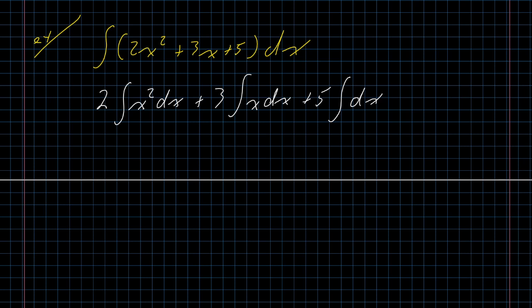Now we use the power rule. To get to x squared, m is 2, m plus 1 is 3. So we'll have 1/3 times x cubed. To get to x, that's x to the first power. So m is 1, m plus 1 is 2. 1/2 x squared.